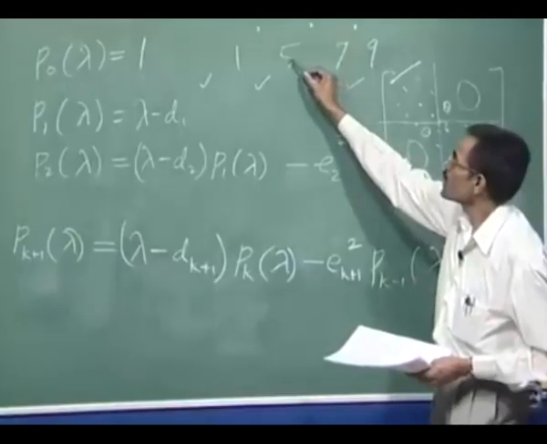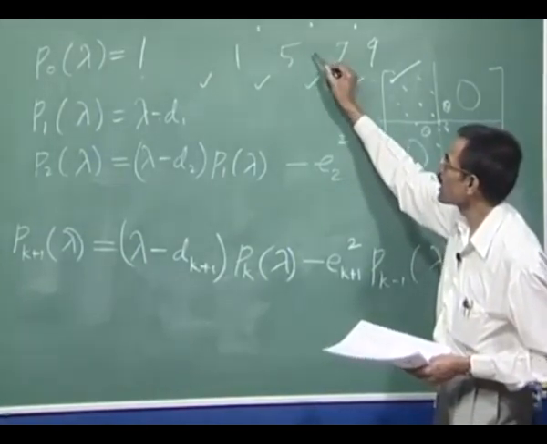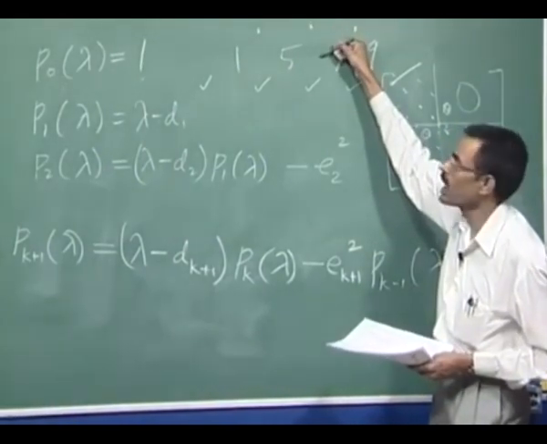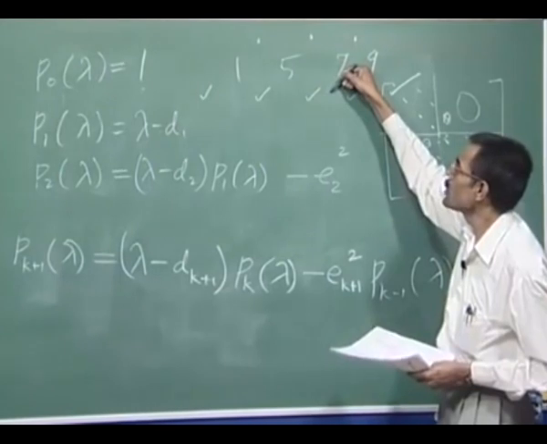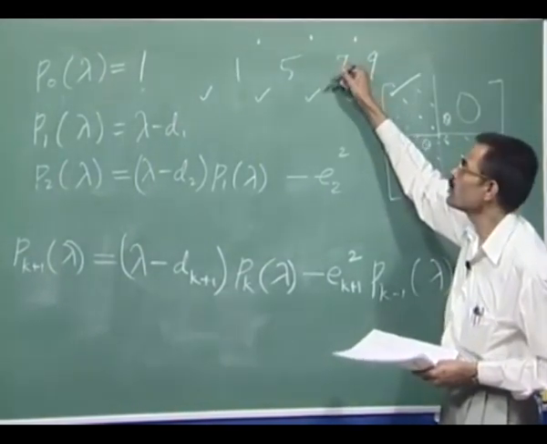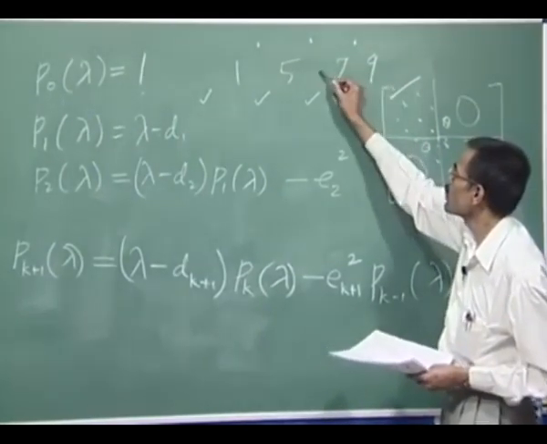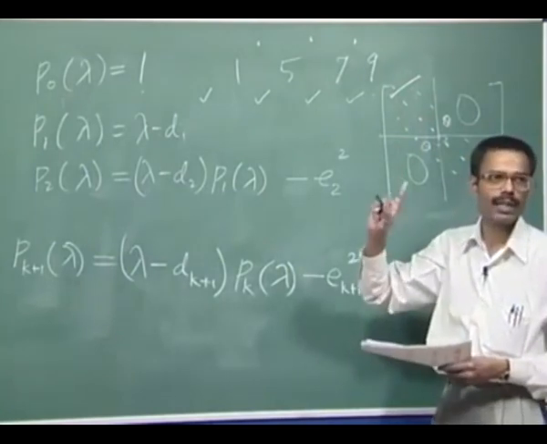Because suppose w falls here, okay, and pk(w) has a certain sign, and at the same w, pk plus 1 has a sign different from that. That will mean that above that w, the number of roots of this and the number of roots of this can differ at most by 1.